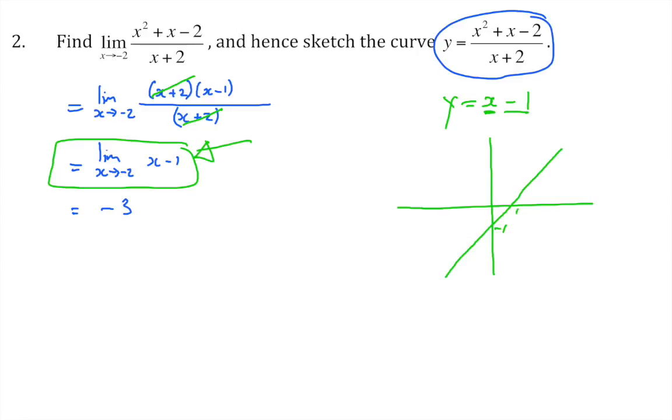But there is a point that doesn't exist, and that's the point minus 2 comma minus 3. So if I go left 2, down 3, that point doesn't exist on the curve. So there's my sketch. I need to make sure that where I have that circle there, there's nothing in it, it's hollow, and I continue on left and right forever. So there's a sketch of my curve.